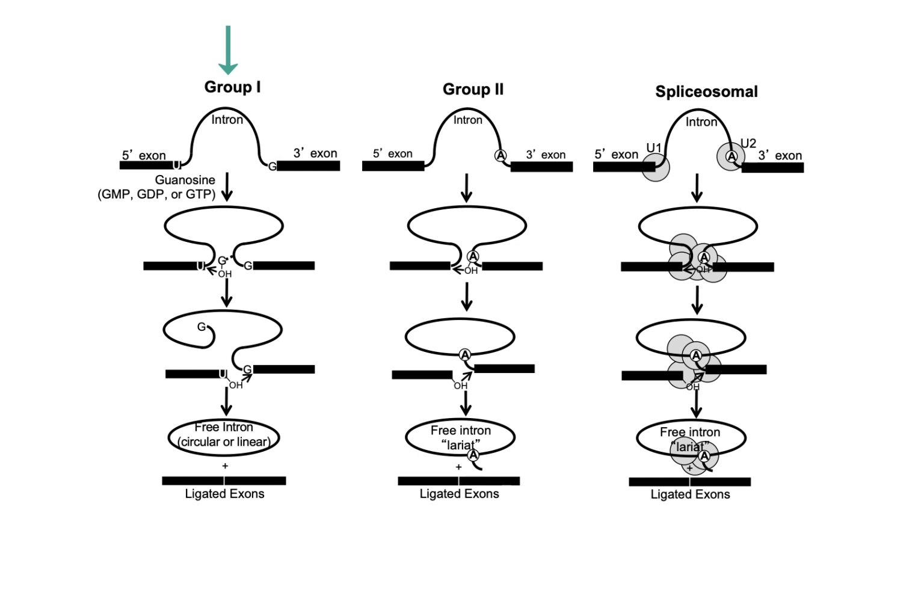And then you can add GMP, GDP, or GTP, free guanosine, and that becomes covalently bonded to the 5' end of the intron, freeing the 5' exon. And then there's a hydroxyl nucleophilic attack at the other end at the 3' intron exon border, forming a free intron, and it can circularize in many cases, and then ligated exons.